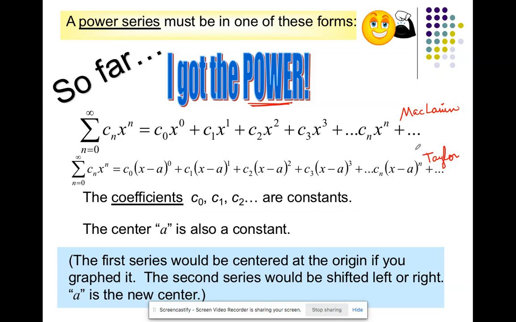Taylor is like your rectangle, and Maclaurin is like your square, right? Every Maclaurin series is a Taylor series, but every Taylor series is not a Maclaurin series. Maclaurins have to have a center at 0. Taylor has a center anywhere, so it could be 0.